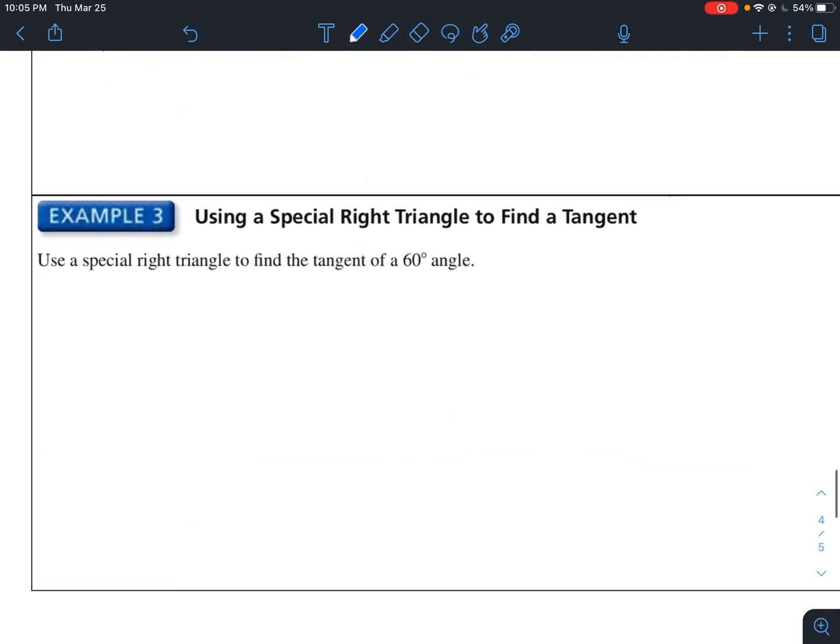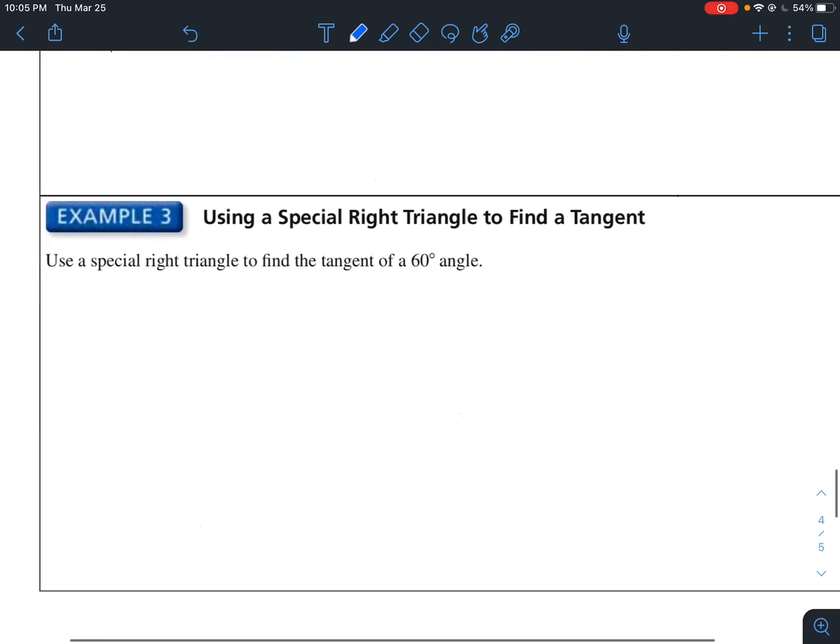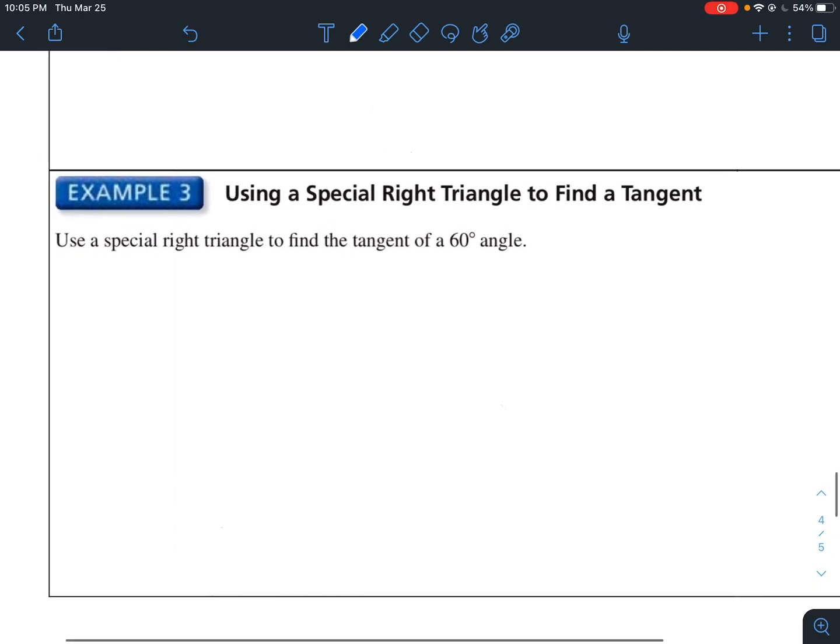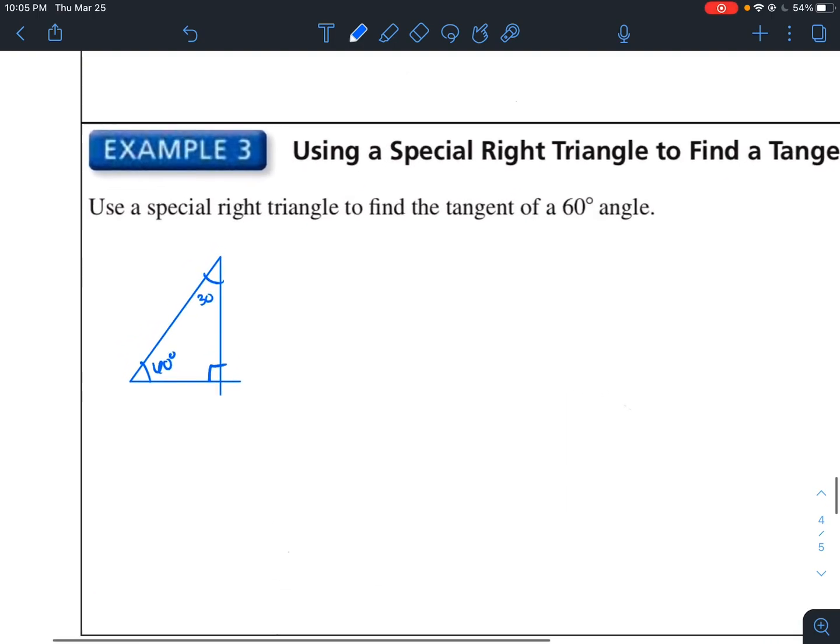Now, use a special right triangle to find tangent of 60 degrees. So again, we have the special triangle. Let's say that this is 60 degrees, which means this one has to be 30 degrees.